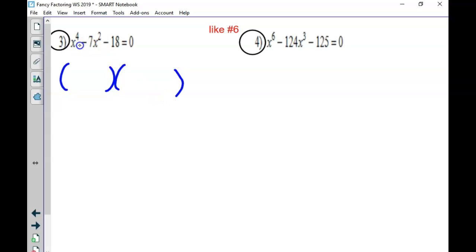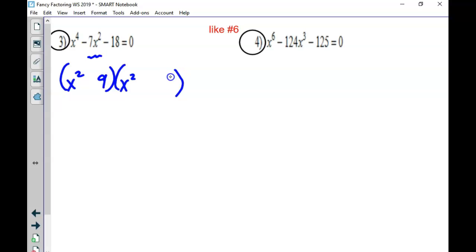We could get an x to the 4th by multiplying an x by an x to the 3rd, or an x to the 4th by a constant, but we could also get it by multiplying an x squared times an x squared, because you'd add the exponents. Does that make sense, guys? All right, and since this middle term is also an x squared, I think we're in good shape to do this.